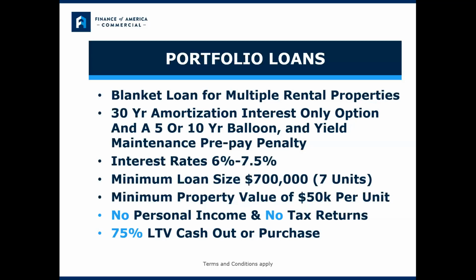Small apartment complexes, small condo complexes that have multiple units, or several units or homes sitting on the same parcel that are at least 5, this is the product we use to take it down. Really great product. A lot of people really like it because it's designed to build and grow your rental properties.